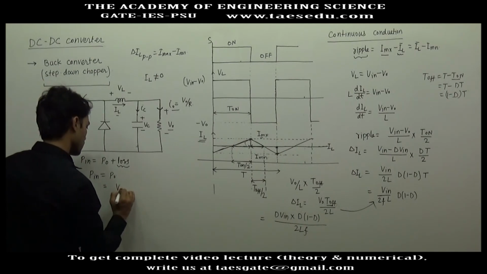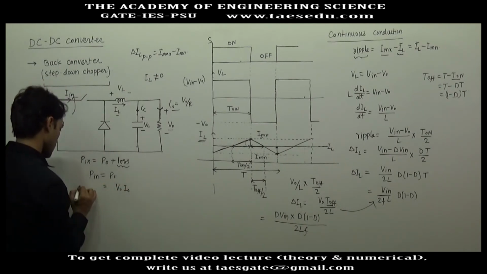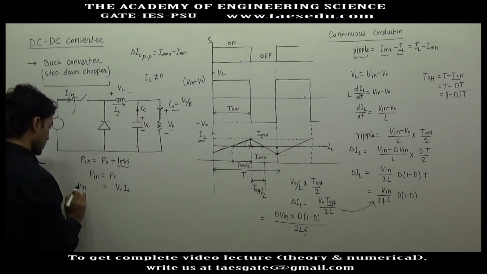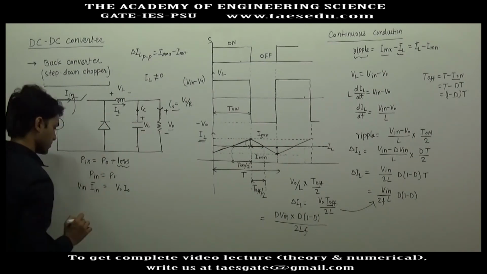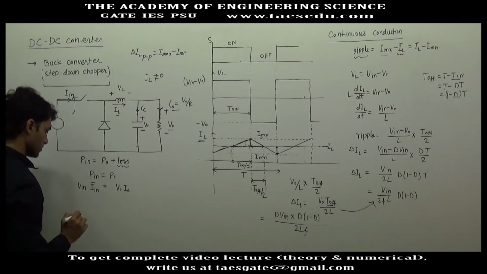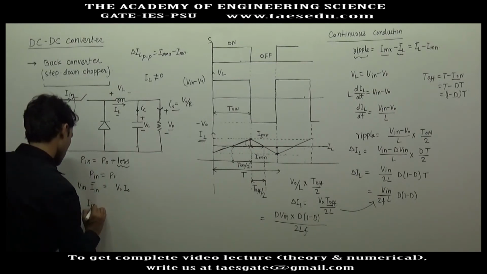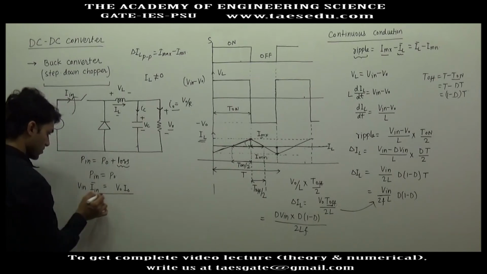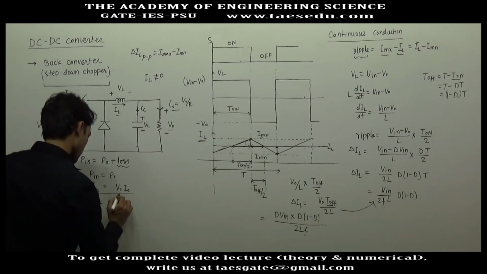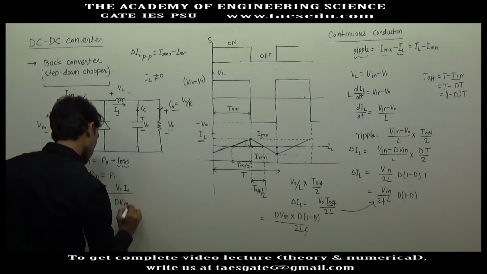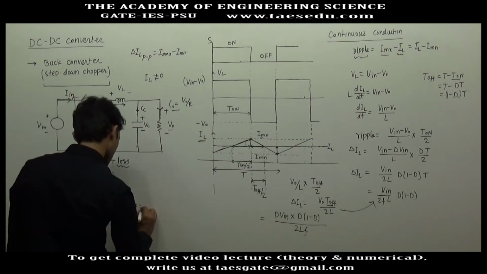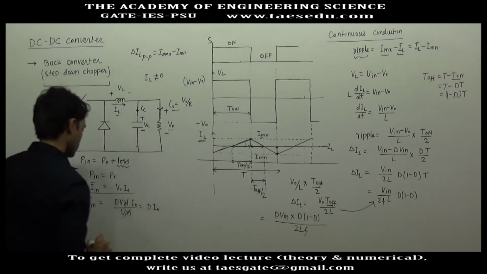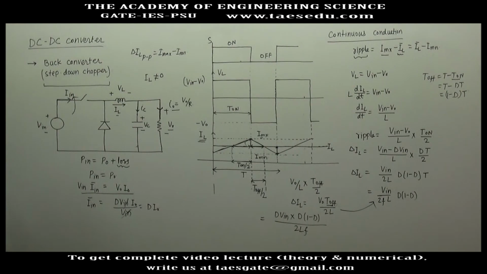Output power is V0 into I0, and input power is the input voltage, which is constant, into the average value of input current. So, just like a transformer, the average value of input current is V0, which is D into V input, into I0 divided by V input. This is D into I0.